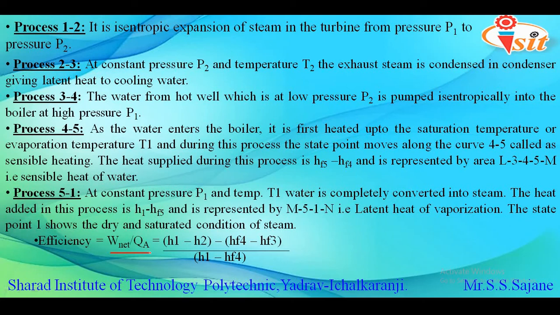In case of the boiler, whatever heat is provided, we can determine this value by calculating the enthalpy values, that is H1 minus HF4. With this we can calculate the efficiency of the Rankine cycle.